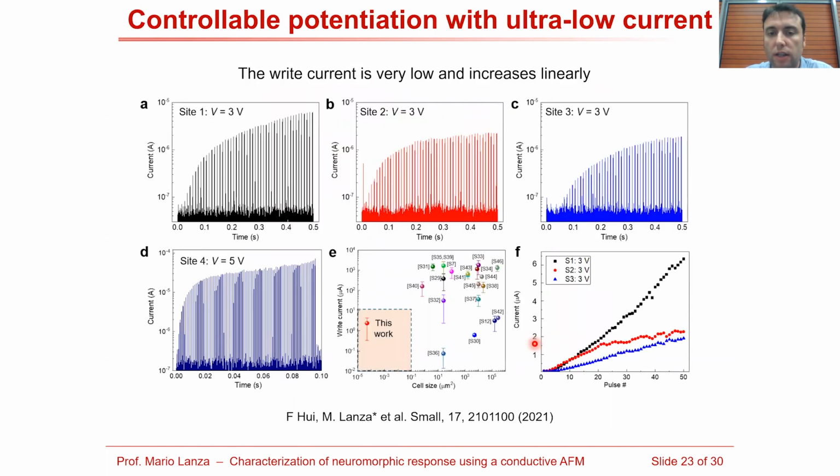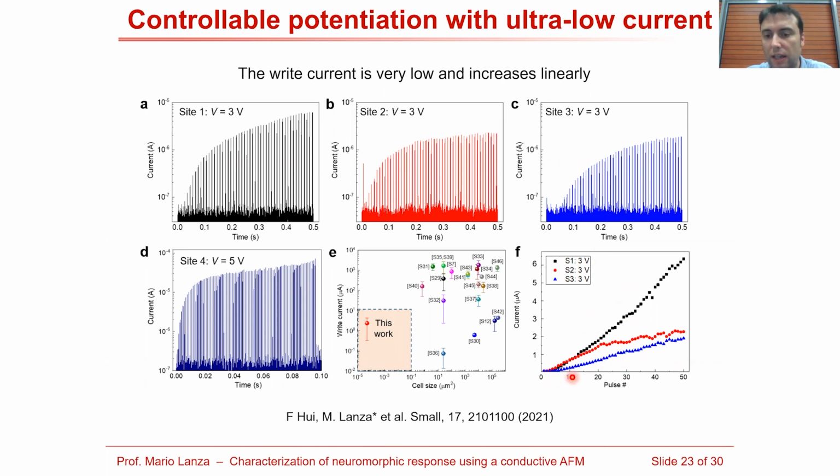By tuning the electrical stresses, we have managed to achieve a very smooth and progressive potentiation of the currents across this material system. And we can observe for these different sites that the variability of the currents is reasonably low, as you can see in this plot.